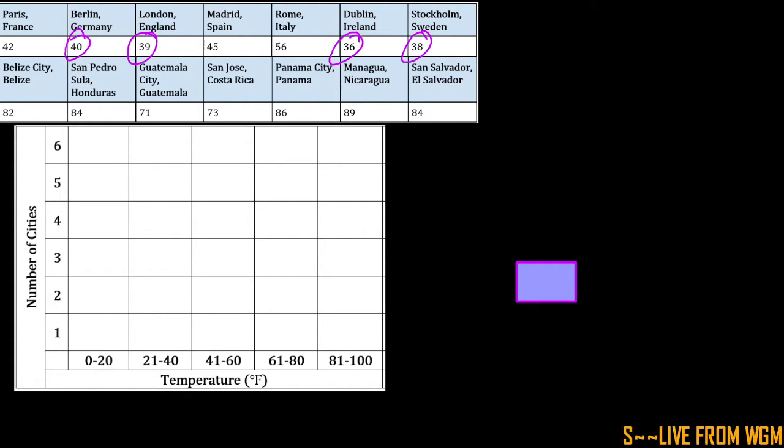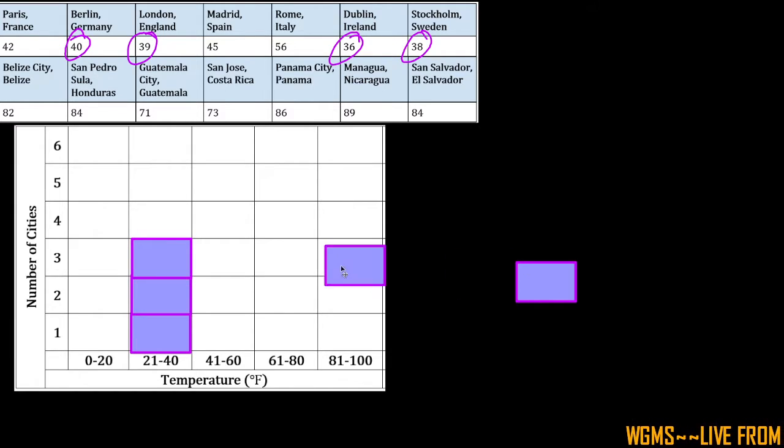So I have four cities between 21 degrees and 40 degrees. And the key part is you want to make sure it goes up to 4.